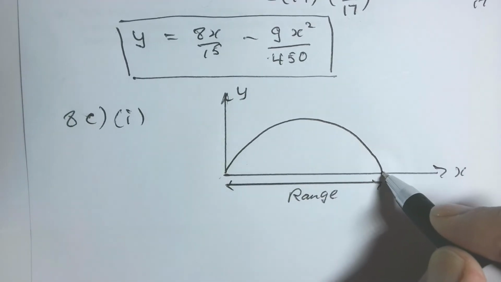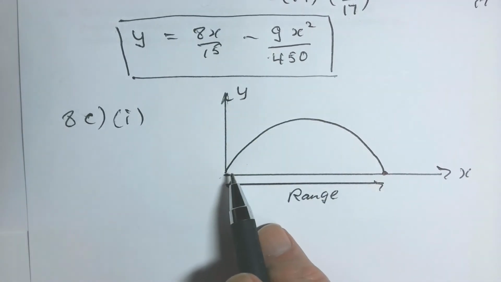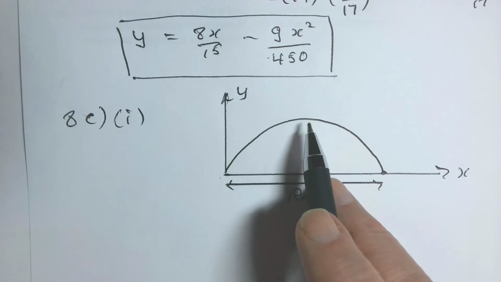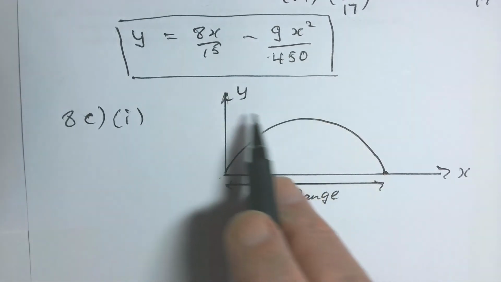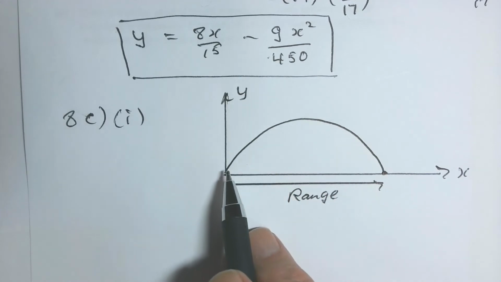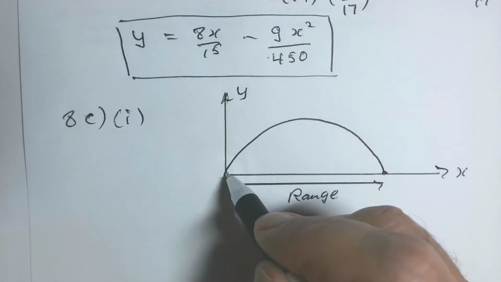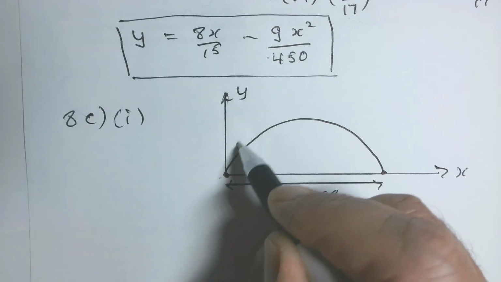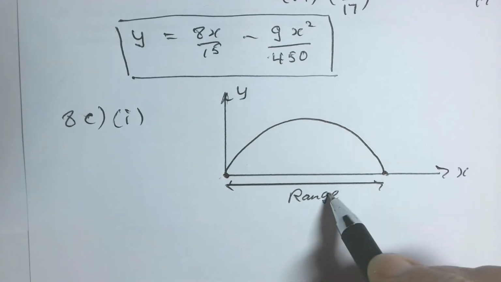So if you think about it from a purely mathematical point of view, what is the value of x when y is 0? Well, there are going to be two values. When y is 0, x could be 0, or x could be equal to the range.